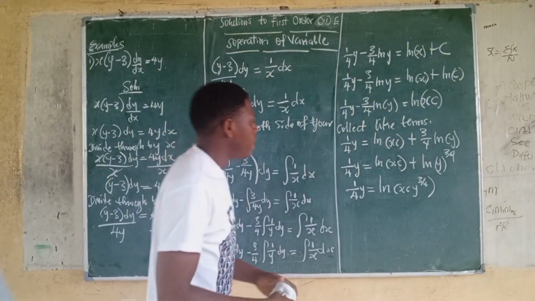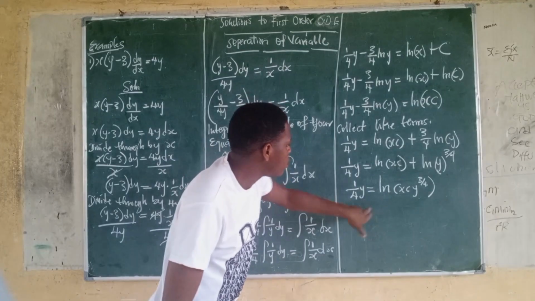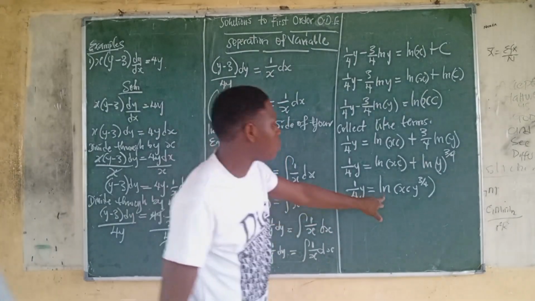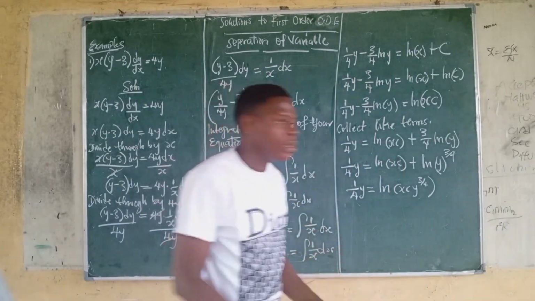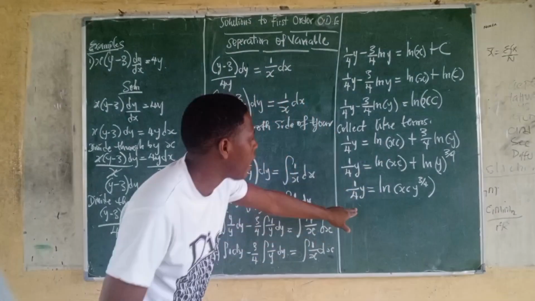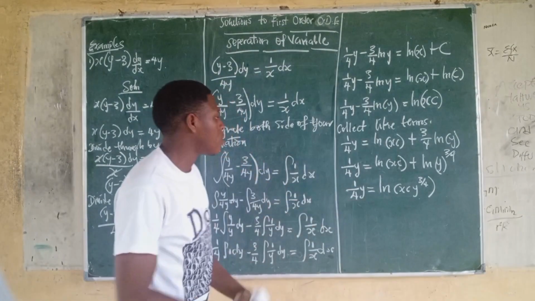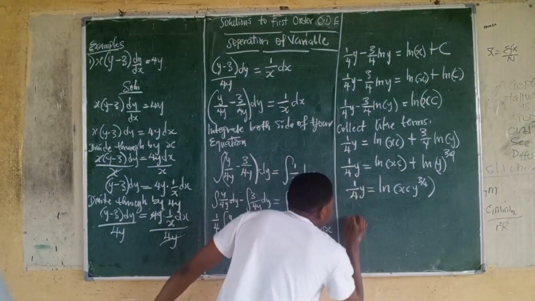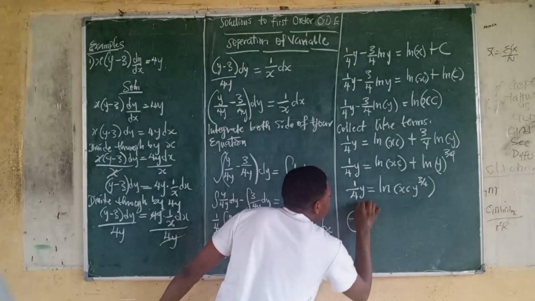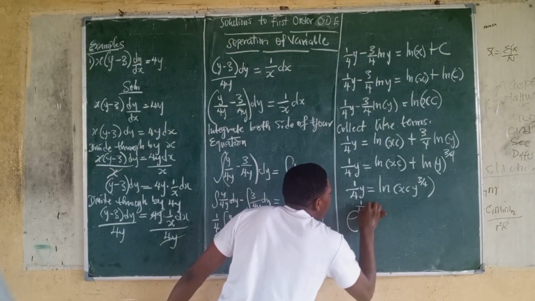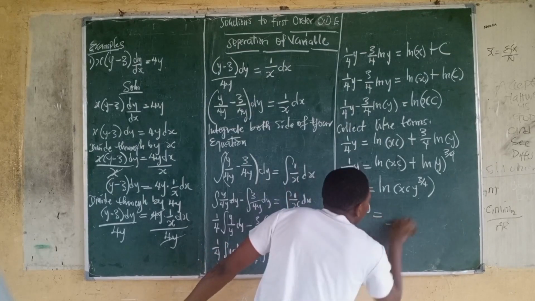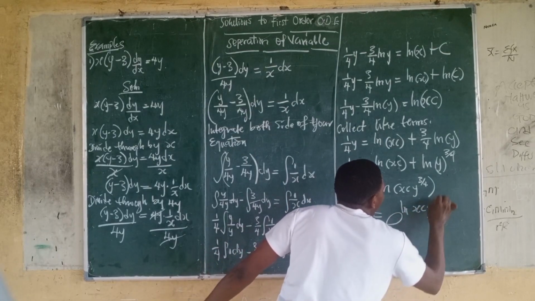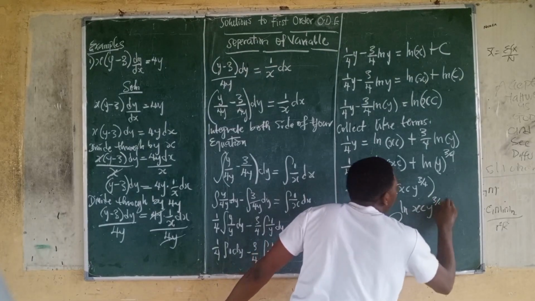The next thing is we can simplify this by taking the exponential of both sides, so that we cancel out ln. If we want to remove the ln, we take exponential of both sides of the equation. Taking the exponential of both sides, we have exponential 1 over 4y is equal to exponential ln xcy raised to the power of 3 over 4.